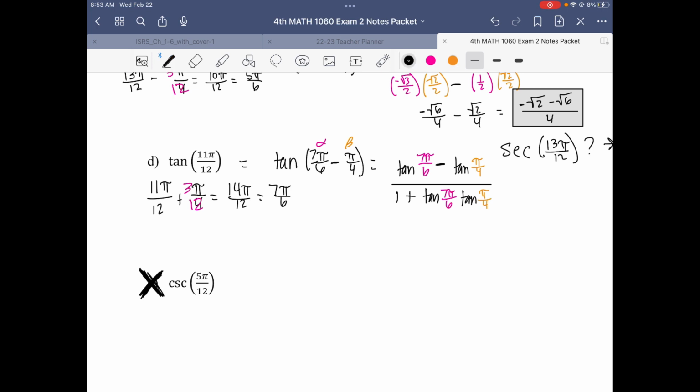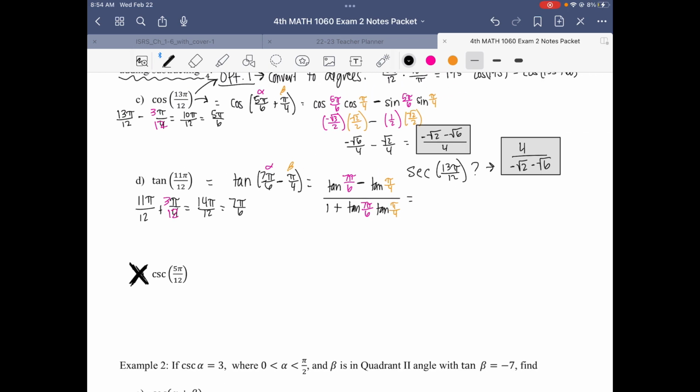So then we can go ahead and work through this. The tangent of 7 pi over 6 is root 3 over 3. The tangent of pi fourths is 1. And then we've got the tangent of 7 pi over 6, which is root 3 over 3.